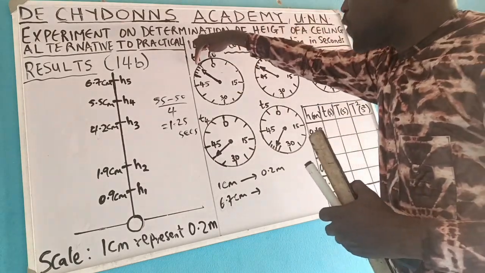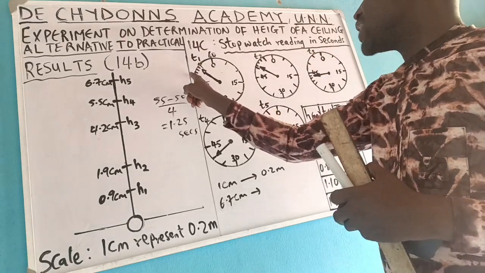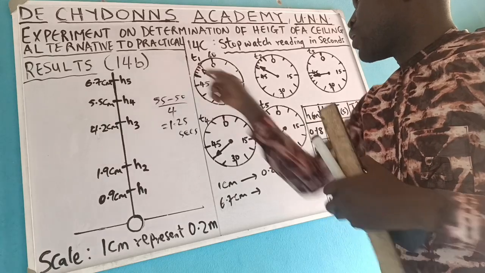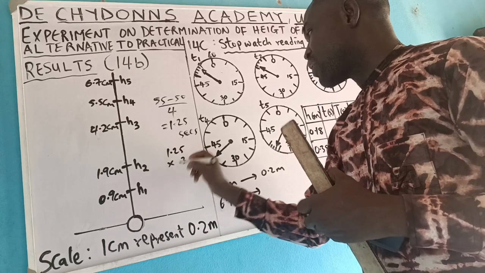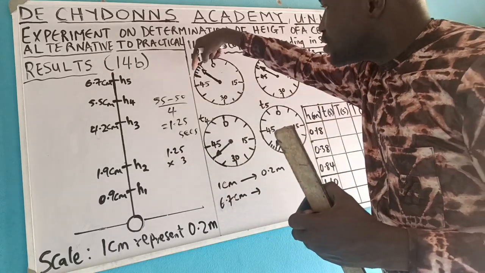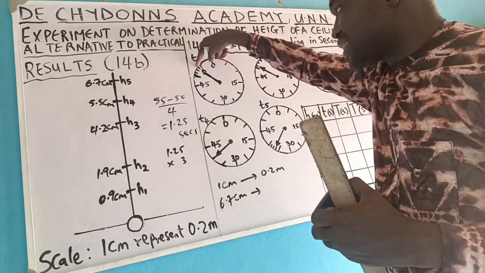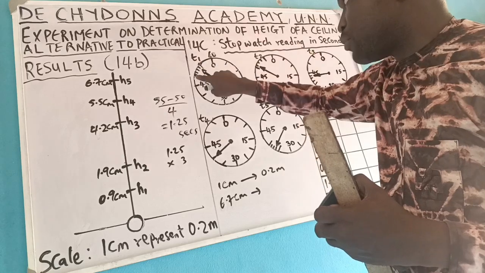Now, because this falls at the third point, I will say here is 50. These 3 points will be giving me 1.25 times 3. That is 3 times each, where each is 1.25, plus 50.